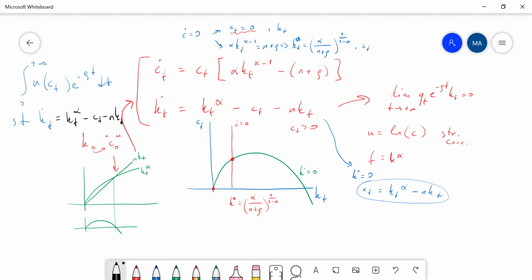Okay, so labor force growth is modeled in this way. So when we look at the capital stock per worker, it obeys something like that.